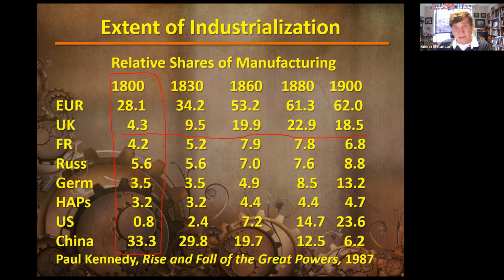We know the Japanese follow the German model, but the big traditional powers, the Russians, the Habsburgs, the Chinese, don't see a value in change, and they stick with what they have.